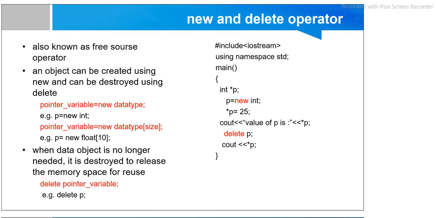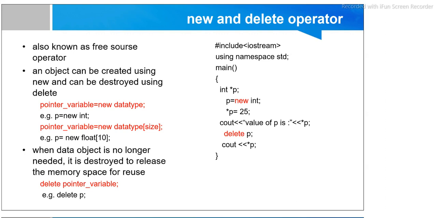Like that, in C++ the new and delete operators are introduced. Malloc and calloc are functions basically, but here we will deal with the new and delete operators. These are also known as free store operators, because we are allocating some space and then releasing that allocated memory. An object can be created using the new operator, and the same object can be released or freed using the delete operator.